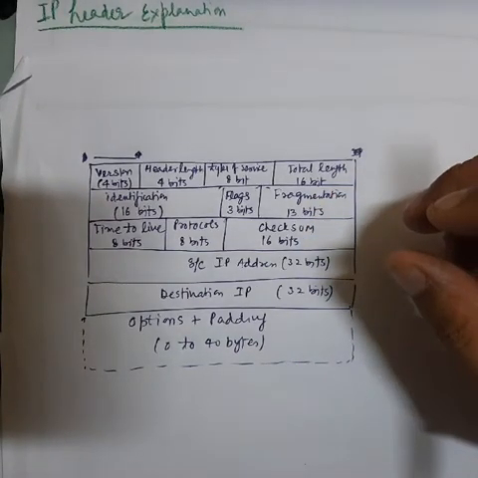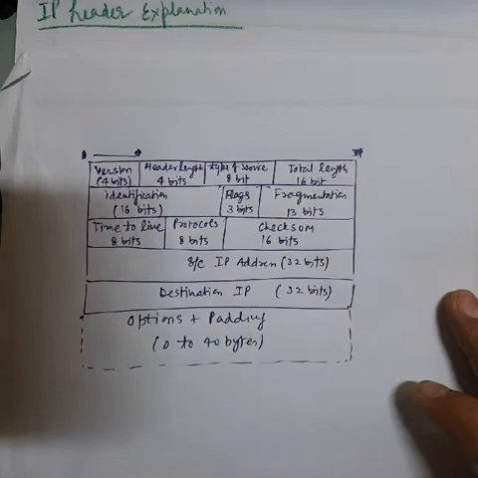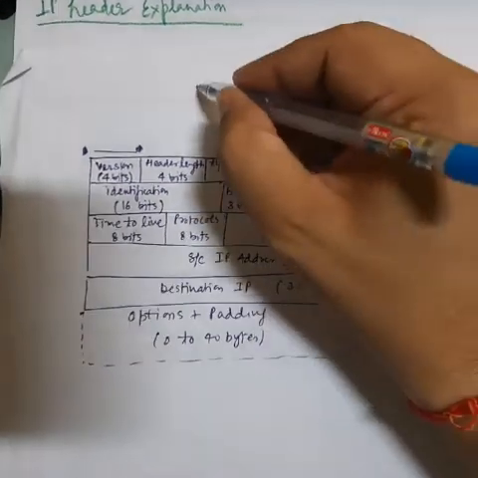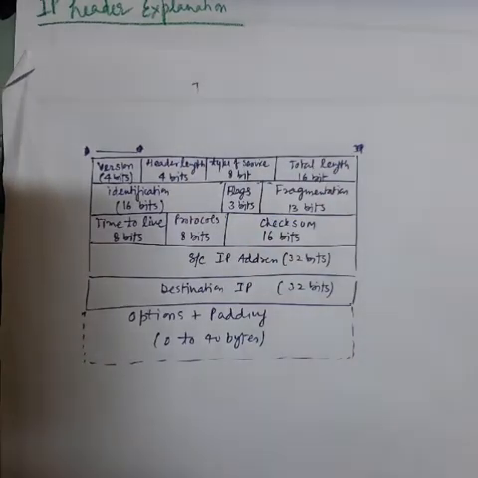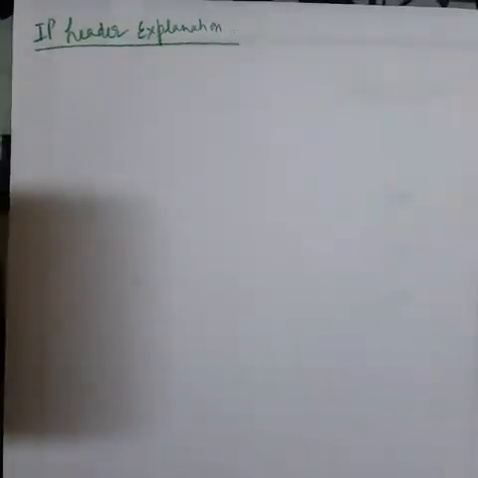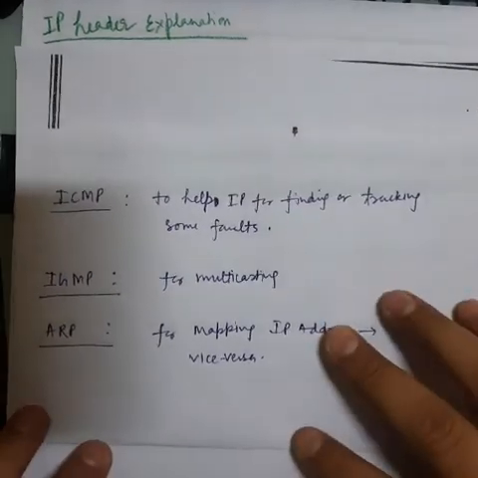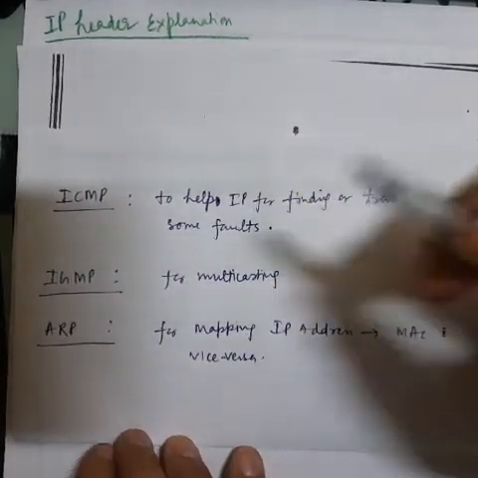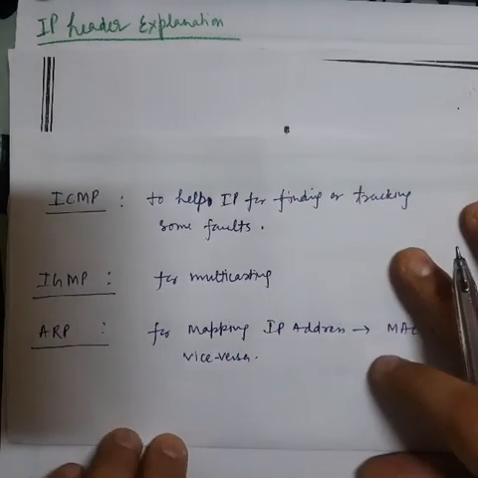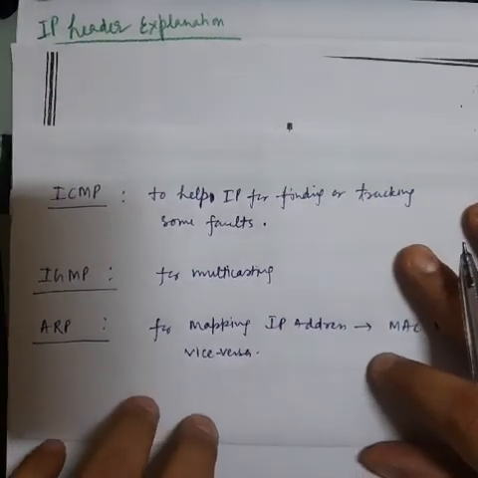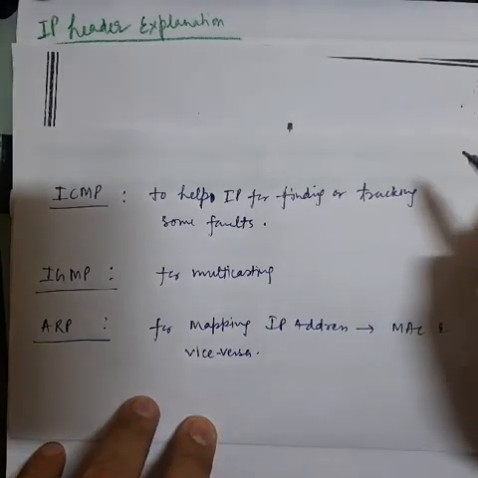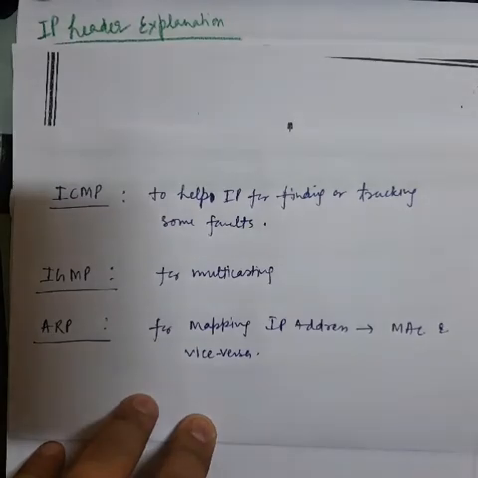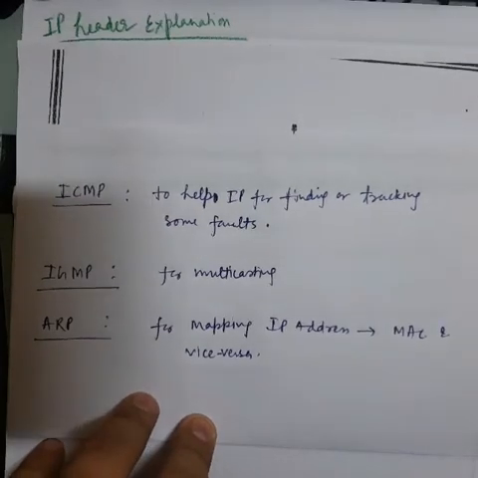Three more additional protocols also exist in this layer, and these are ICMP, IGMP, and ARP. The basic purpose of the ICMP protocol is that it helps the internet protocol in tracking some faults during packet delivery from host to host, source to destination, etc.